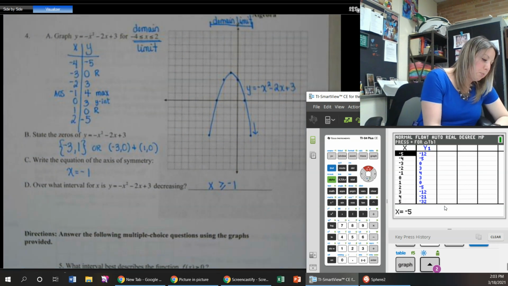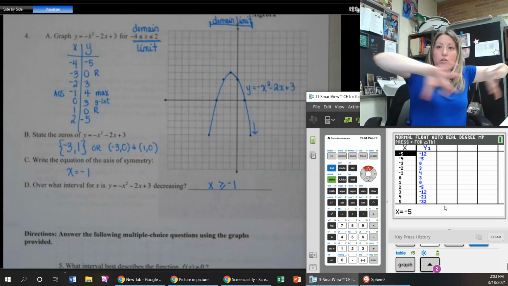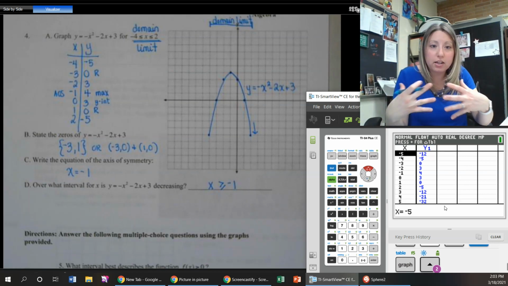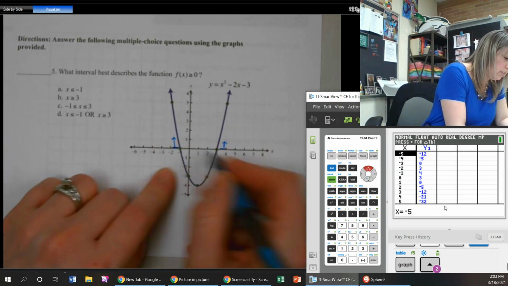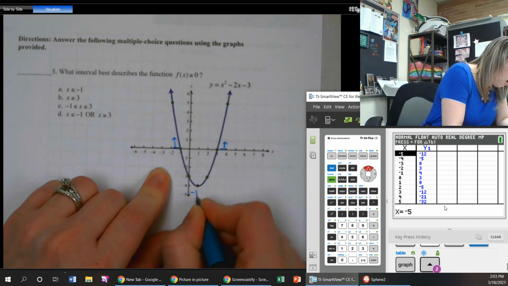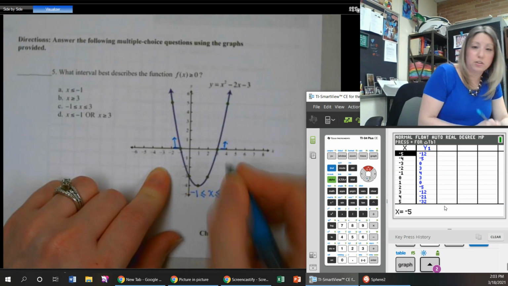So this particular parabola, we want to know when it's greater than 0. So here's where it's greater than 0 on either of these sides. So it's two separate sides. It's not a continuous place that this parabola is greater than 0. This is all between negative 1 and 3, that it's smaller than 0.